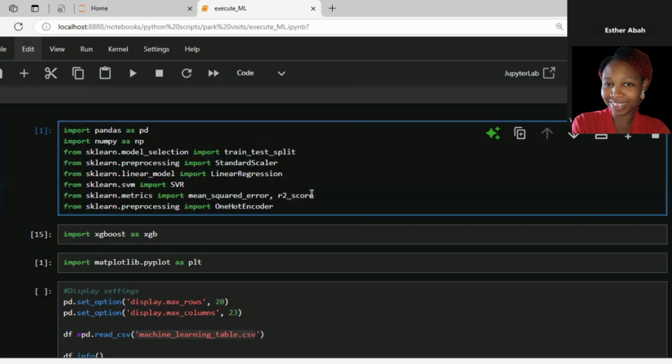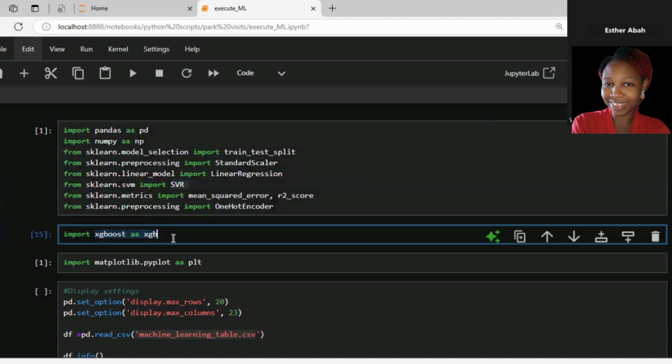So random forest model is an improvement on decision tree model. You understand? XGBoost. The meaning is extreme. The X is extreme, the G is gradient, then boost, boosting. Extreme gradient boosting machine model.